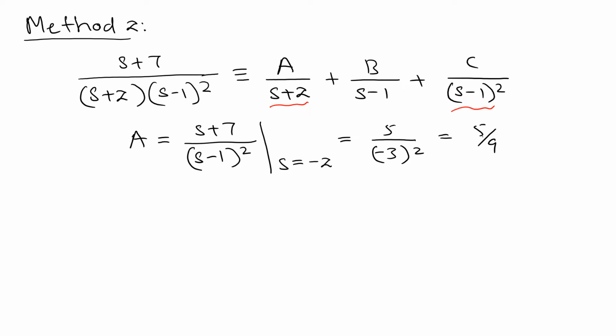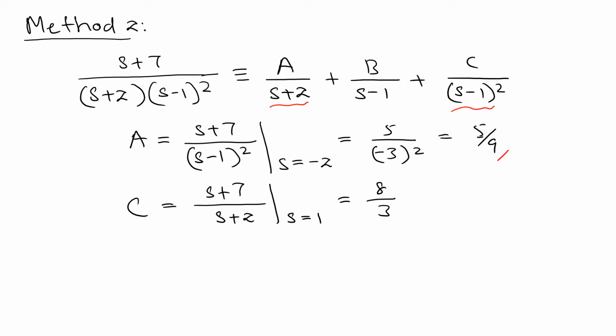That's exactly what we got earlier. We can also find C like that. If you cover up the S minus 1 squared term, you're going to get S plus 7 over S plus 2, and evaluate it at S equal 1. When you do that, you get 8 over 3. And you can see those two numbers actually match.